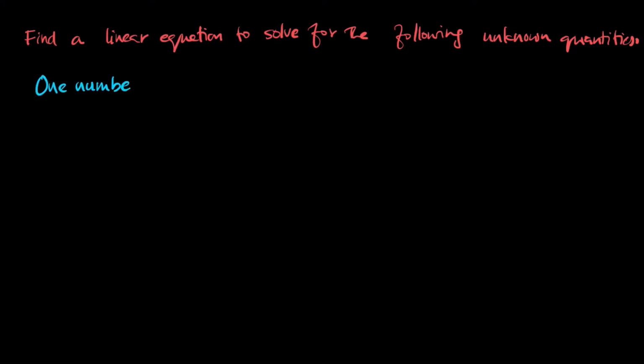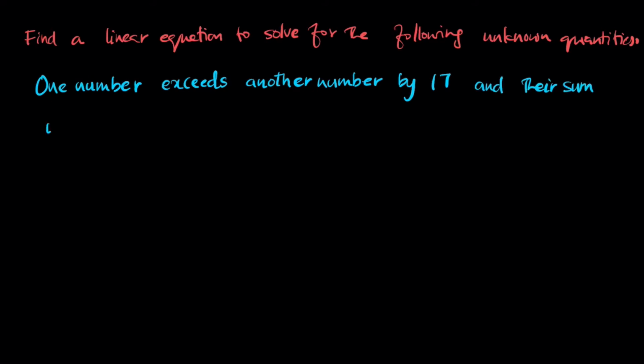One number exceeds another number by 17 and their sum is 31. So they are asking you to find the two numbers.